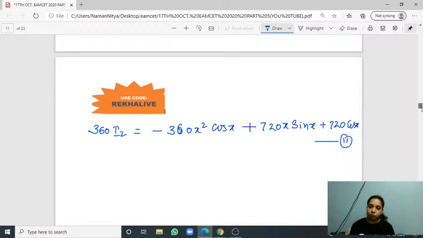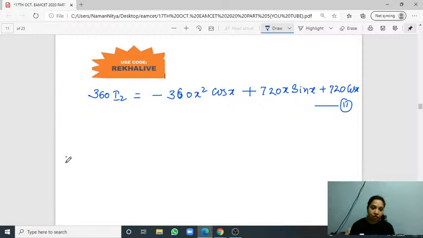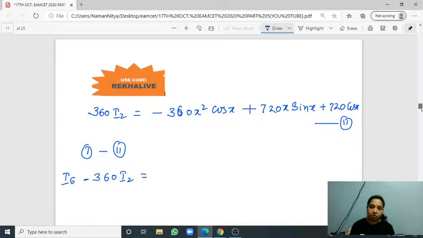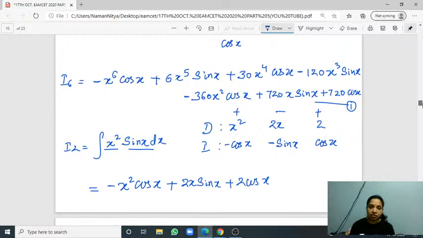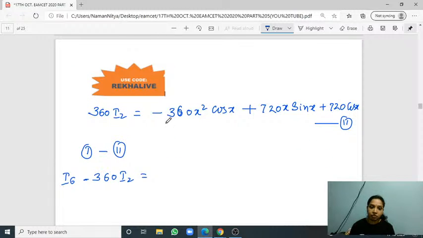Now we are supposed to do I6 minus 360 I2. That is nothing but 1 minus 2. That will only give you I6 minus 360 I2. So just check the terms now. In equation 1, all the terms are okay. Here, just start seeing from here. Minus 360 x square cos x.